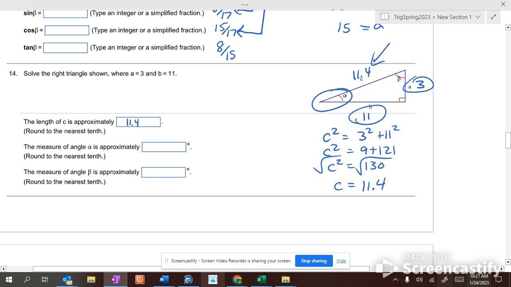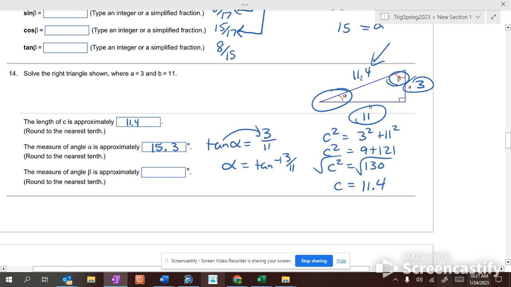So you use the tangent of angle alpha equals 3 opposite over 11, the adjacent. We move the tangent to the other side. Alpha equals the inverse tangent of 3/11. What's the inverse tangent of 3/11? 15.3.